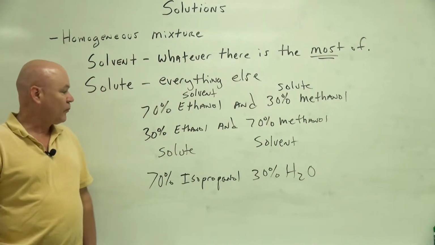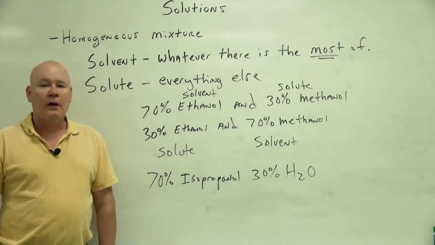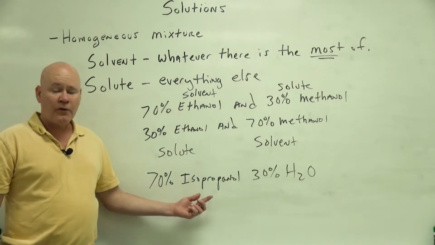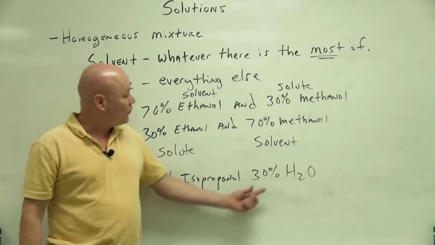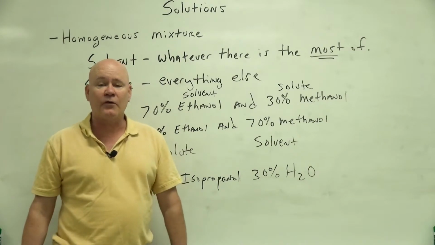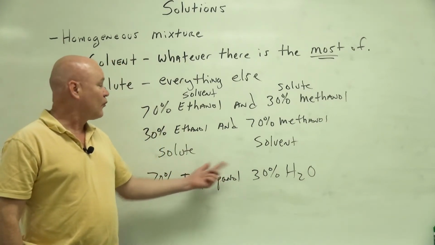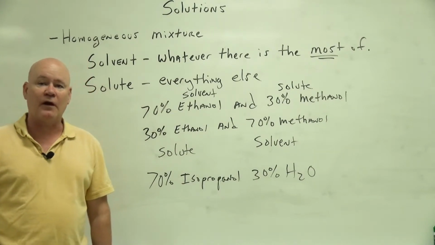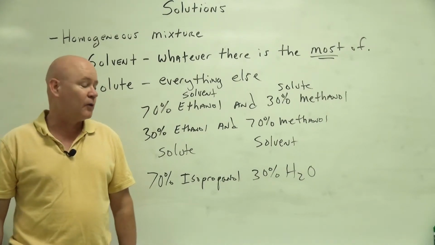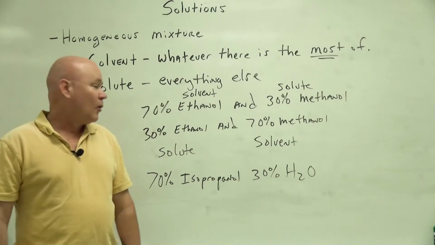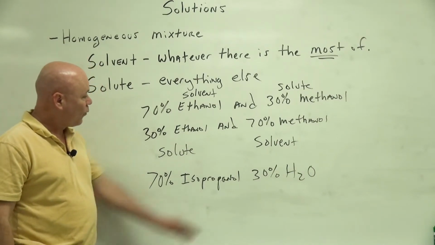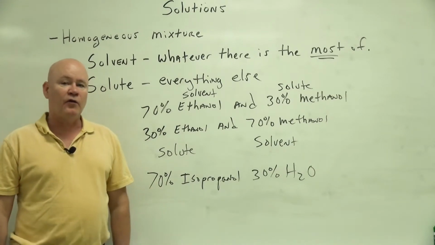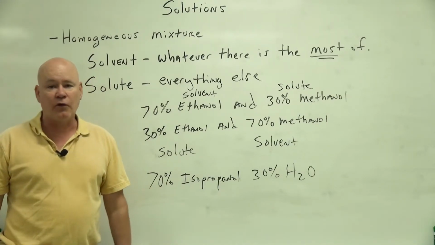The solvent is the isopropanol, at 70%, and the solute is the 30% water. If we reversed the concentrations, 70% water and 30% isopropanol, say we diluted it out, then the water would be the solvent. But in the case of rubbing alcohol, water is the solute. So whatever you have the most of is the solvent. Everything else is a solute.